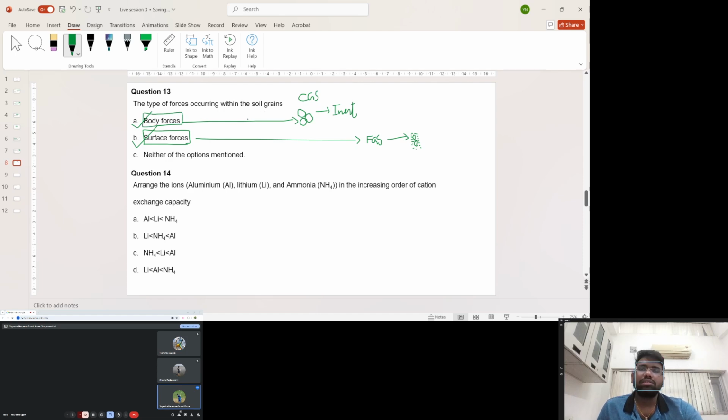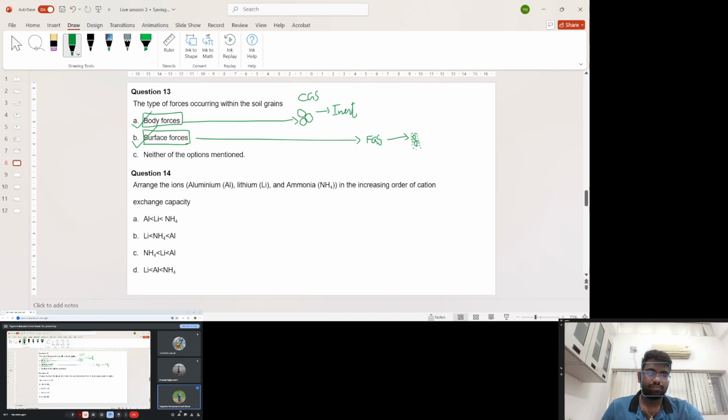And if you generalize it as soil grains, both these forces govern the entire soil behavior. All right. Any doubts? No, sir.